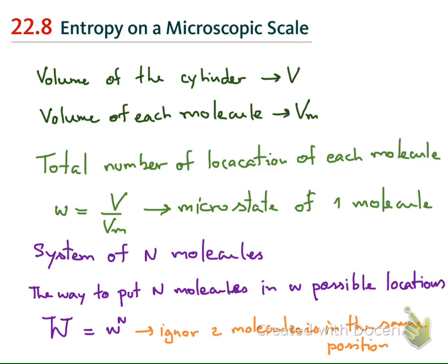So we can say that each molecule can be anywhere in the volume V, and the number of ways to put N molecules in the W locations is W^N. This forms the definition of W.